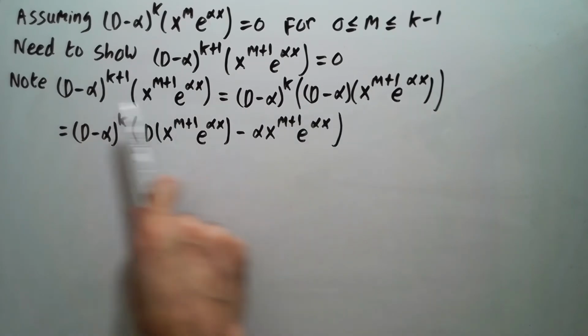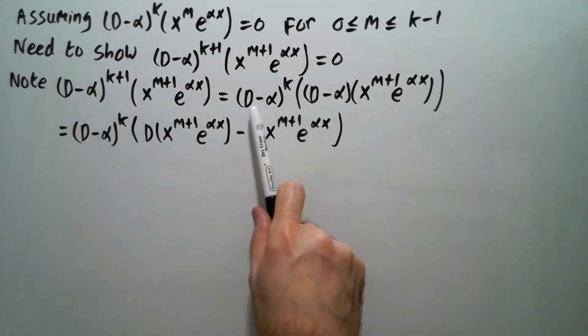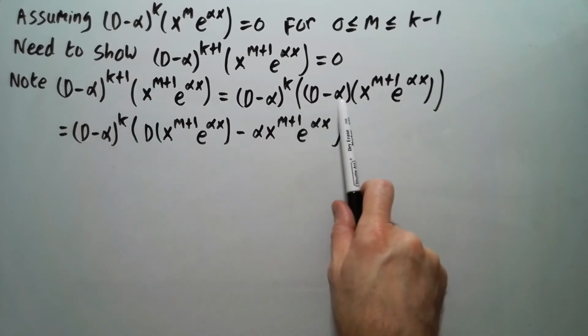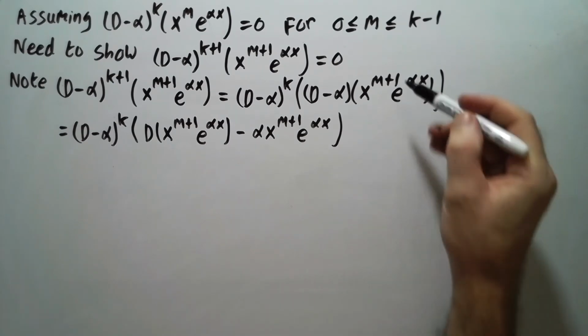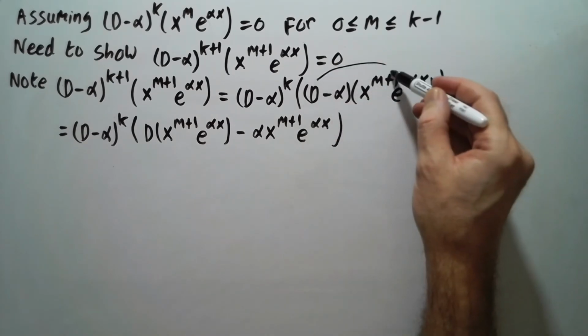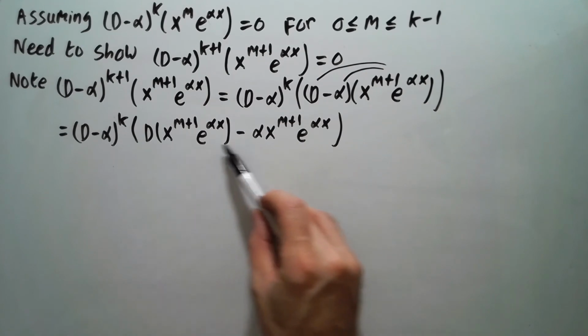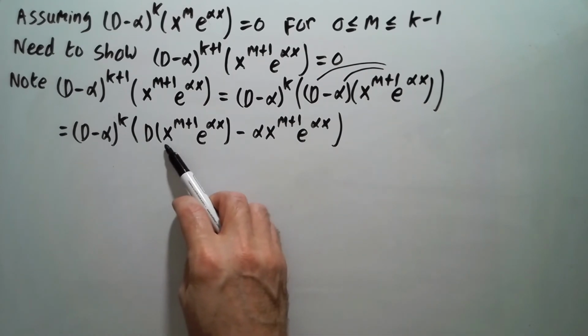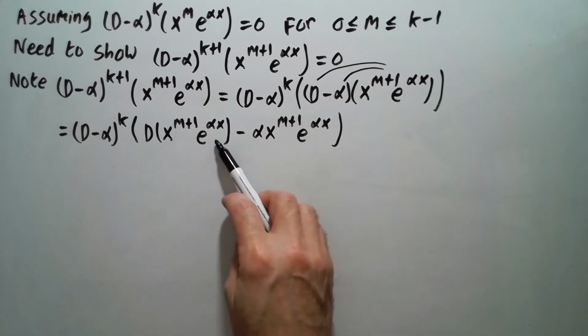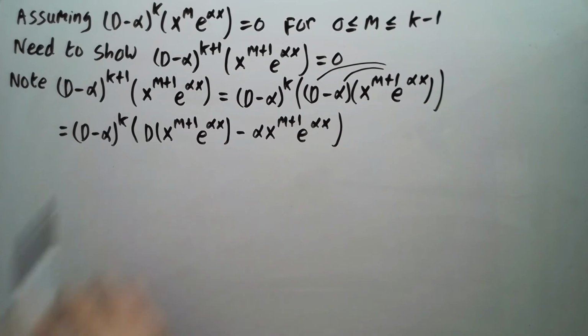So just breaking up d minus alpha to the k plus 1 as d minus alpha to the k times d minus alpha. Then distribute this guy, so it'll be this times my d, this times my alpha, which I've done here. And again, the d means derivative, so we're going to have to use the product rule on this, because we have 2 functions of x here. So let me write it down here.